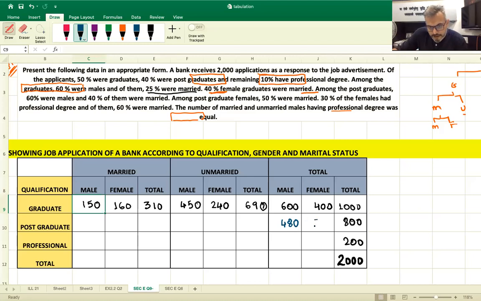So 320 females. Now out of the 480 males, 40% were married, so find 40% of 480. So 192. And 60% unmarried, so 288.